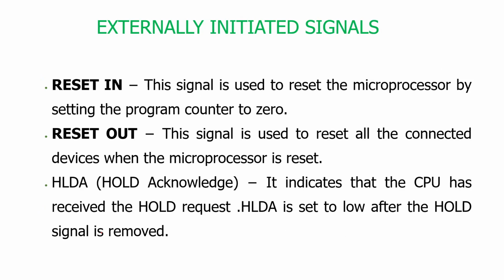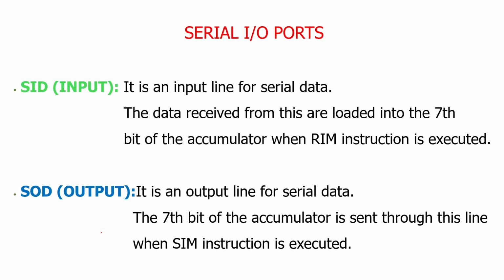Next, reset in and reset out pins will be used to reset the microprocessor and all the devices connected to it. So for the reset function, we will use these reset in and out pins. Next, hold acknowledge indicates the CPU has received the hold request. Hold acknowledge is set to low when the hold signal is removed.